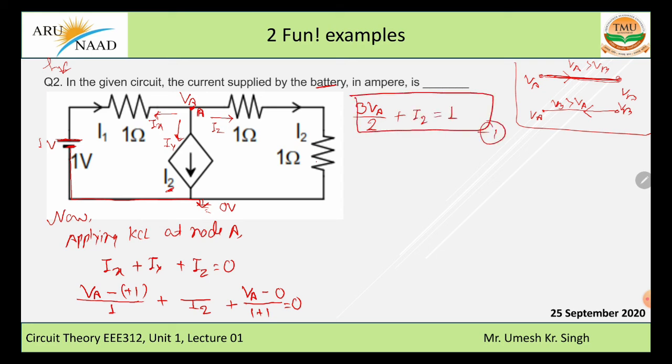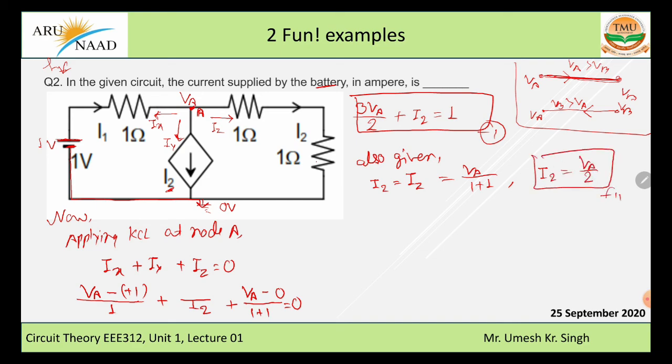This is our first equation. Also, in this circuit, I2 is nothing but Iz, and Iz is nothing but VA divided by 1 plus 1, or VA by 2. So we can say that I2 is VA by 2.